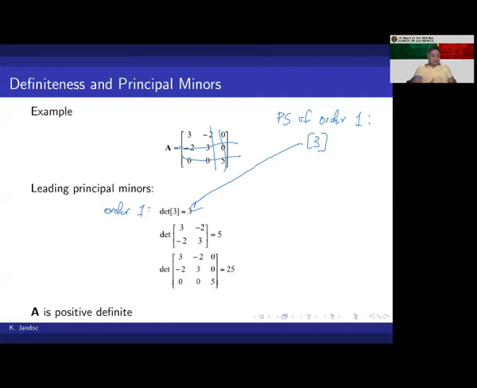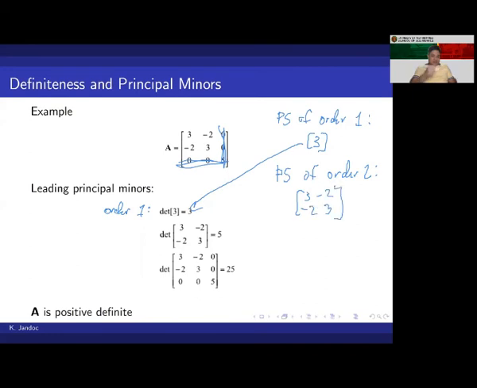The next is, how do we find the leading principal minor of order 2? We must delete the last row and column. So let's delete the last row and column here. You're left with the submatrix 3, negative 2, negative 2, 3.